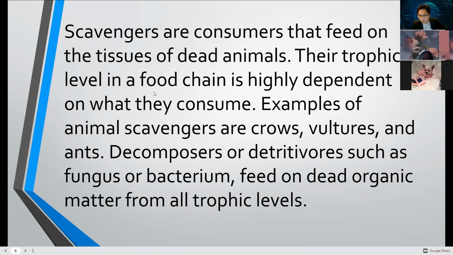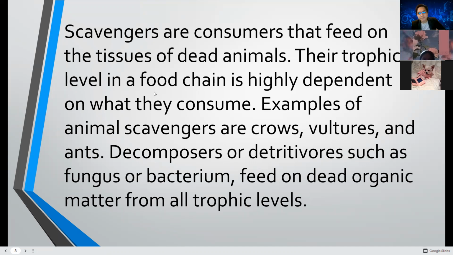What are their ecological importance? A lot of my students are asking for this. Meaning, what is their importance when talking about the ecosystem? What is their role in the ecosystem? Anybody?